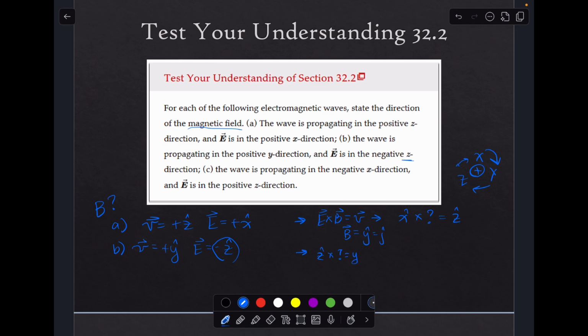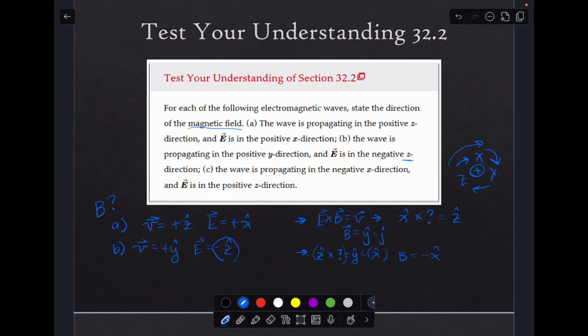Z cross X would give me Y, and it gives me a positive Y if I go this direction. So my answer for Z cross what gives me Y would be X, but since I have a negative sign in here, I'm also going to have a negative sign on this side, right? So the B field would be in the negative X direction.